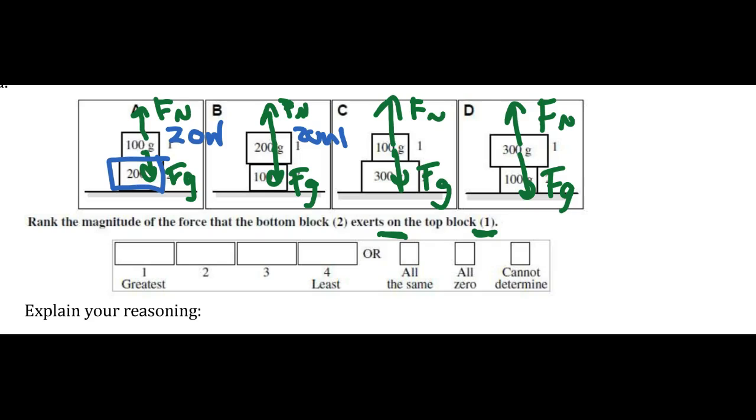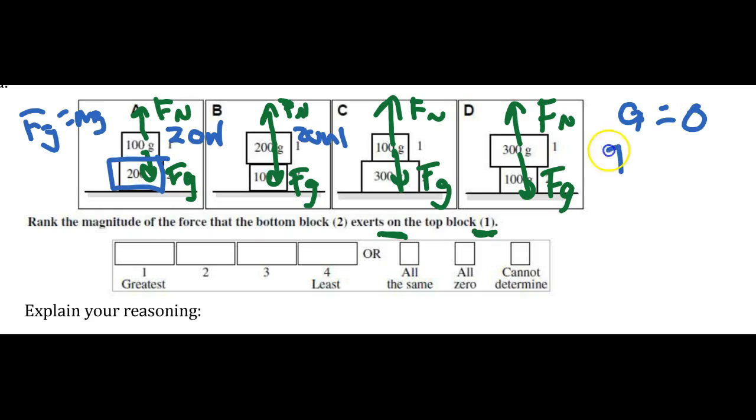So now I can go through this one. This one has gravity going down, so essentially it has the 100 grams. Convert that to kilograms, but they're all in grams, so it doesn't matter, all multiplied by g. Remember, force of gravity equals mg. The one with the most mass will have the most gravity, and this is not accelerating in any scenario.